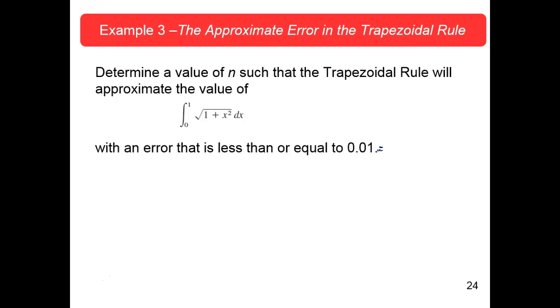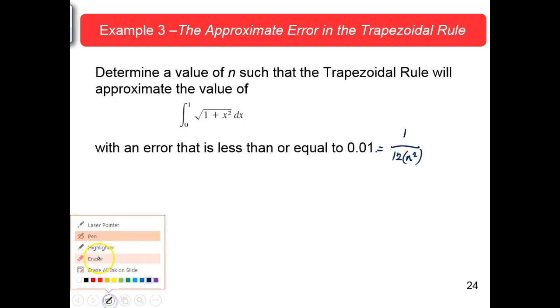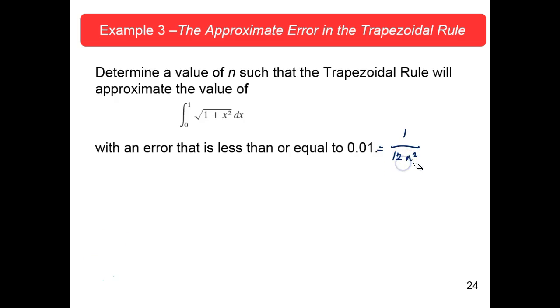For the trapezoid rule, b minus a is 1, so it's 1 over 12 times n squared. I really don't need the parentheses there, so let me take them out. They're not contributing anything, just extra mess on the board.